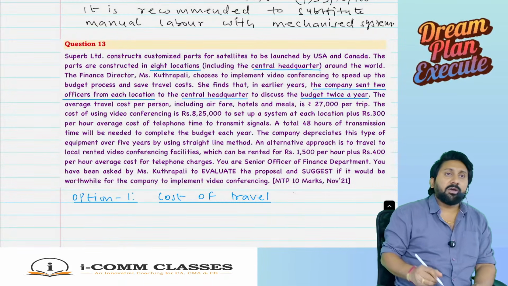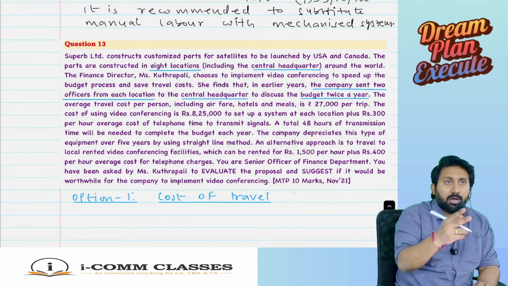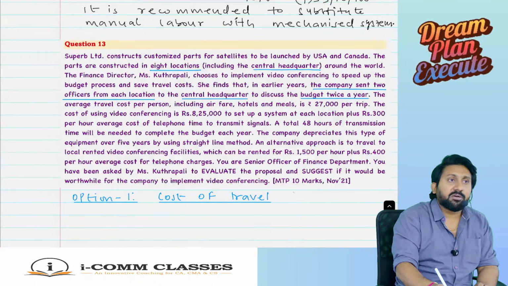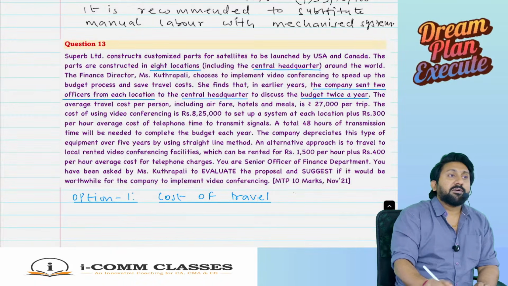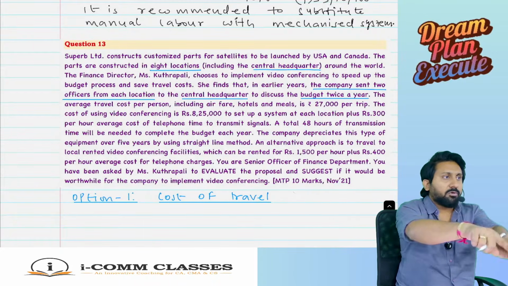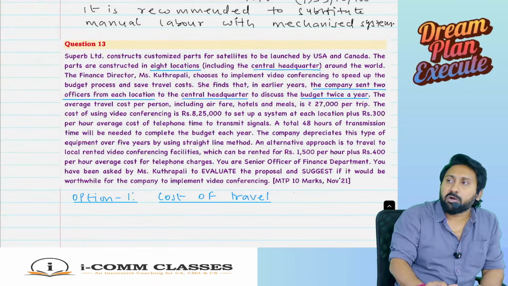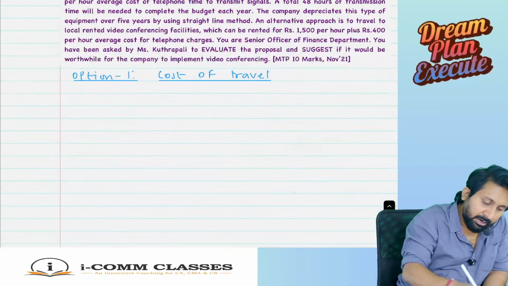So, how many officers will come? 2 officers. How many times they will come? 2 times. Other than the central headquarters, how many locations they have to go? From 7 locations, they have to come to one place. So, first we need to understand what is the total cost of travel. Write down there.